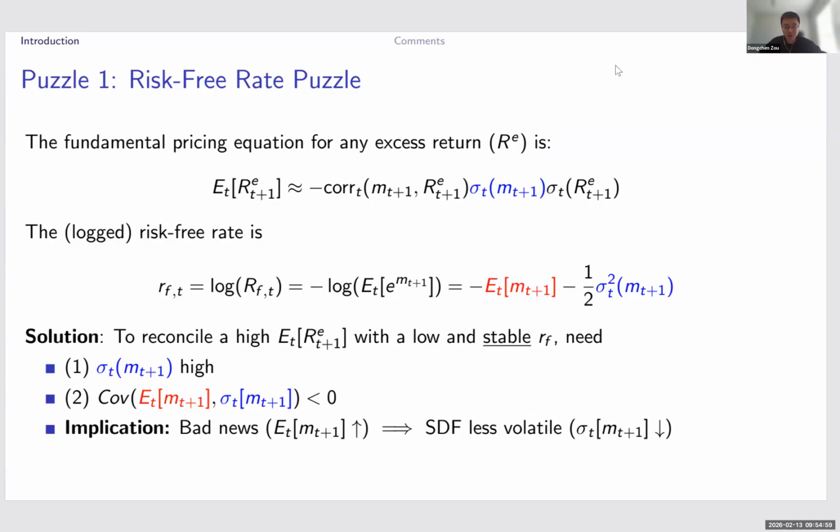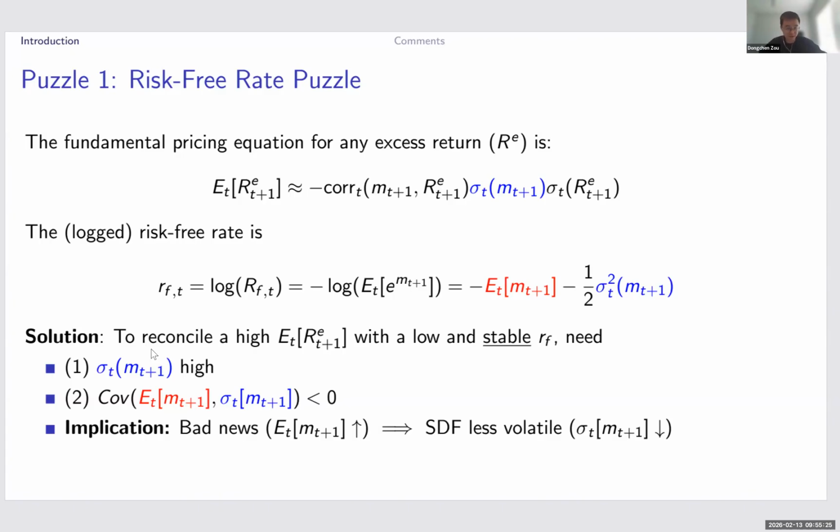The excess return will be just the negative covariance between the SDF and the excess return. If we write it down, we have a correlation term, a variance term for the excess return, and also the variance of the SDF. What does it mean? It means that a higher variance of the SDF is related to a higher excess return for any risky security.